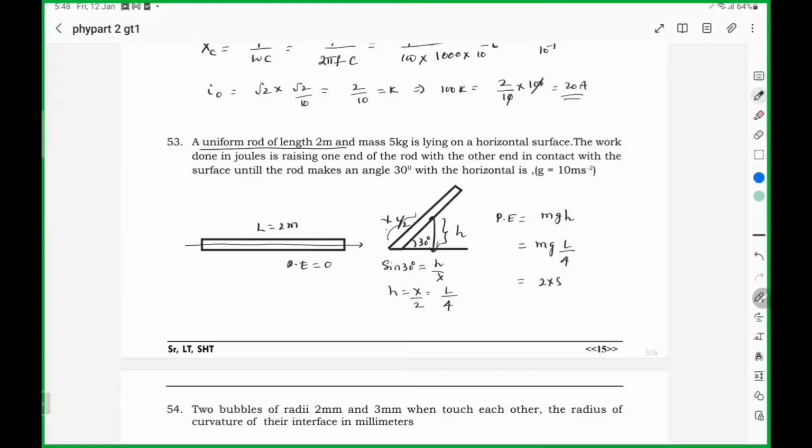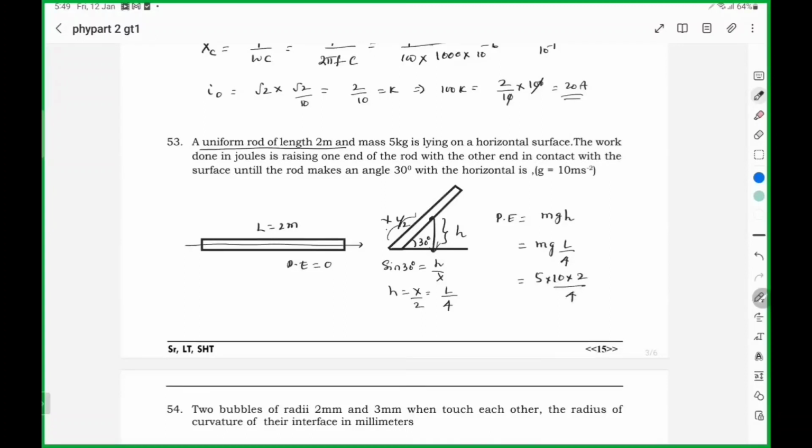So 2 into 5, length is 2 meters, by 4. Mass is 5, 10.